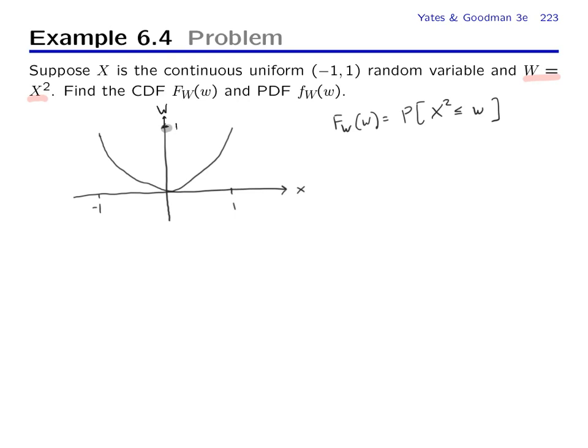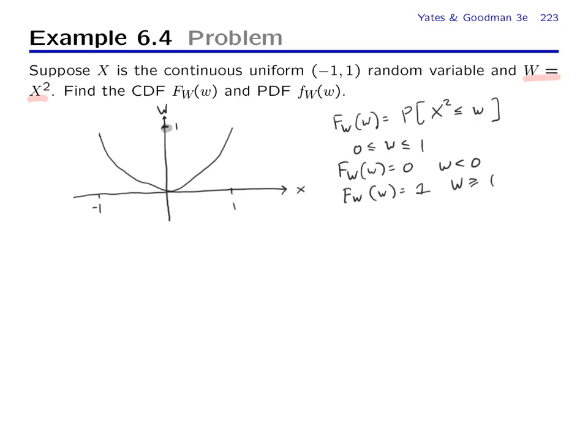And so we see that W is going to be between 0 and 1 because X is between -1 and 1. And so we know that the CDF of W is going to be 0 for W less than 0, and the CDF of W equals 1 for W greater than or equal to 1, precisely because we know that W, which is X squared, has to be between 0 and 1.